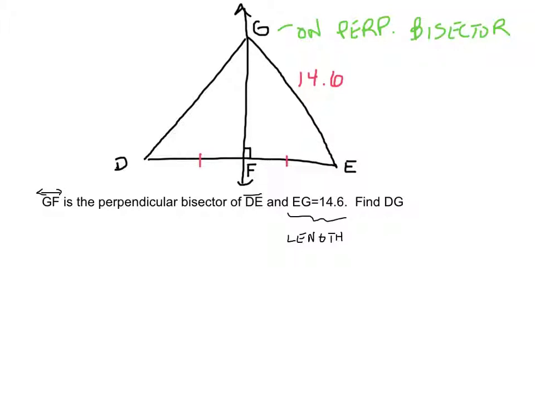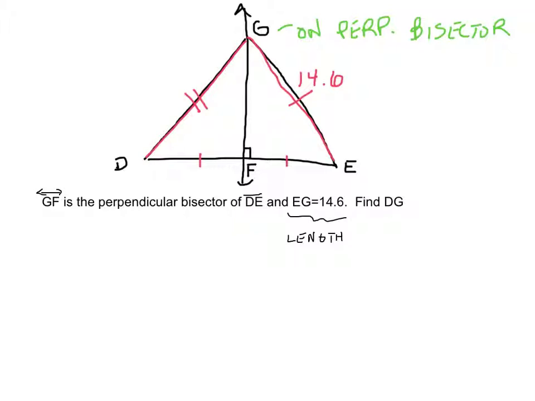And why is it not the converse? The reason why it's not the converse is because we know that G is on the perpendicular bisector. So because we can use our theorem, we can say that the perpendicular bisector theorem tells us that the length of GE will be congruent to the length of DG.